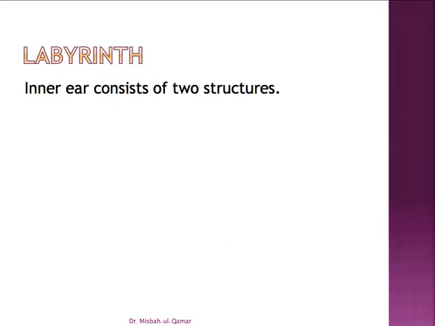One is hearing and the other is equilibrium. So the sense organ for hearing is cochlea, while that of the equilibrium is the vestibular apparatus. Now the labyrinth means the inner ear that consists of two structures, or you can say layers, the bony labyrinth and the membranous labyrinth.